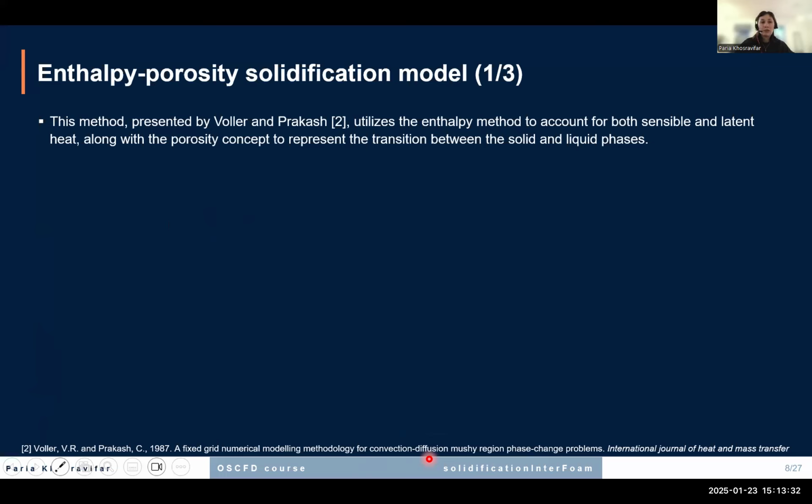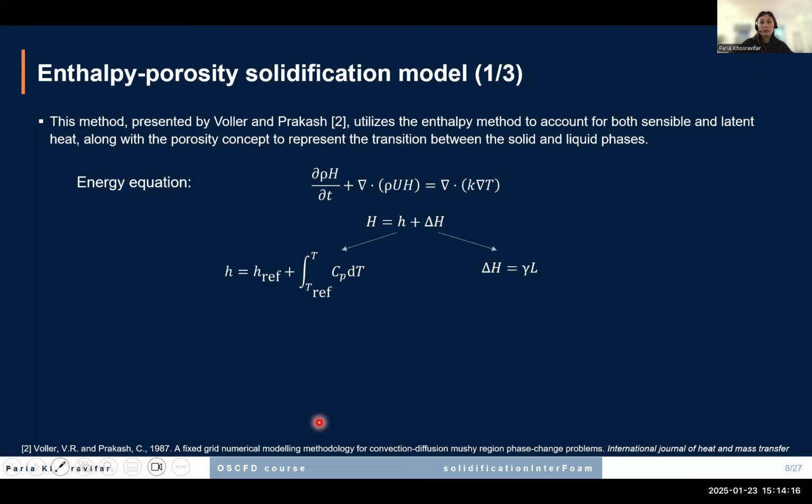For capturing the interface between solid and liquid during solidification, we have the enthalpy porosity method. This method was presented by Voller and Prakash, and they use the enthalpy method to account for both sensible and latent heat, and also a porosity concept to consider the interface between the two phases. The energy equation is defined like this, in which enthalpy is defined as the sum of sensible enthalpy and latent enthalpy.